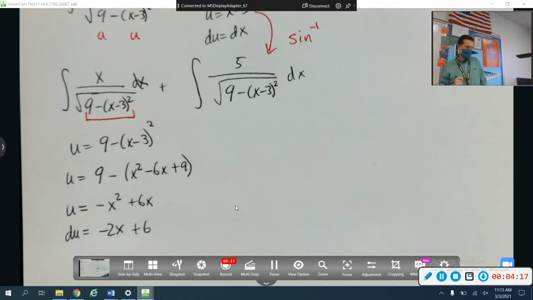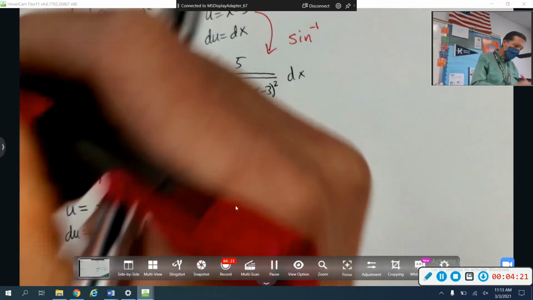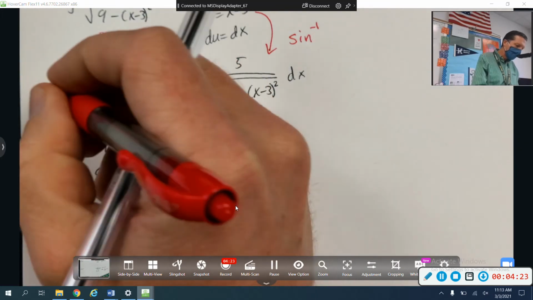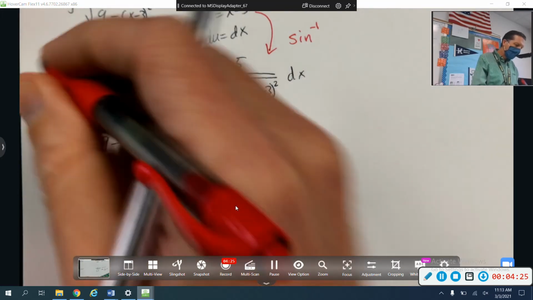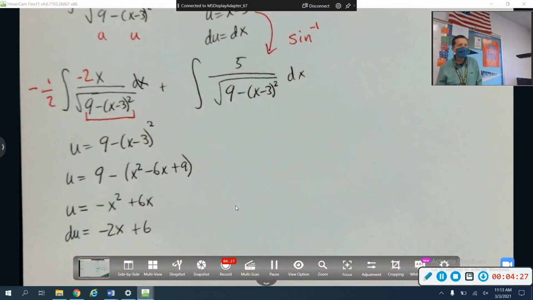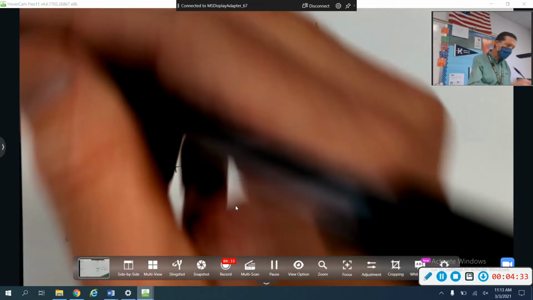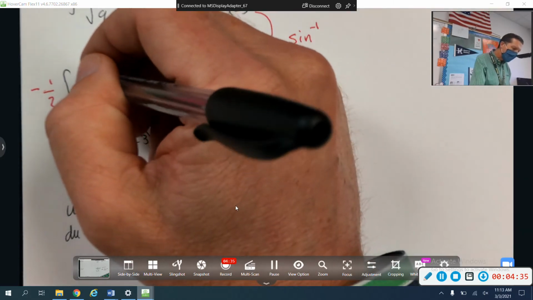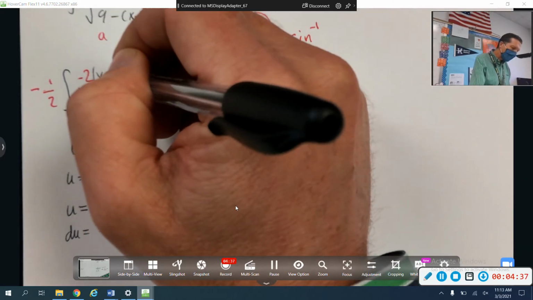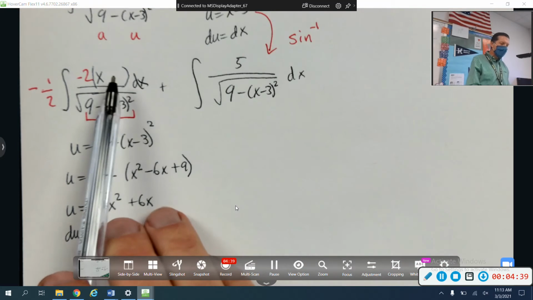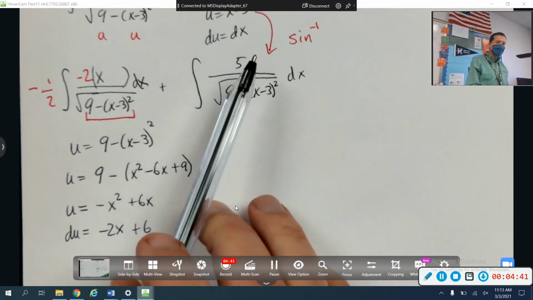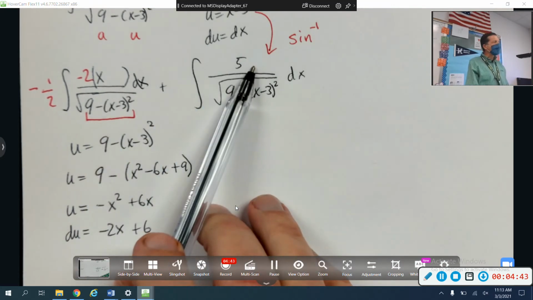I've got x, so I could sort of fix the x part with the negative 2 and the negative 1/2. But I can't just go putting a plus 6 up there. Although, if I do a plus here and a minus over here, that would be the same thing.